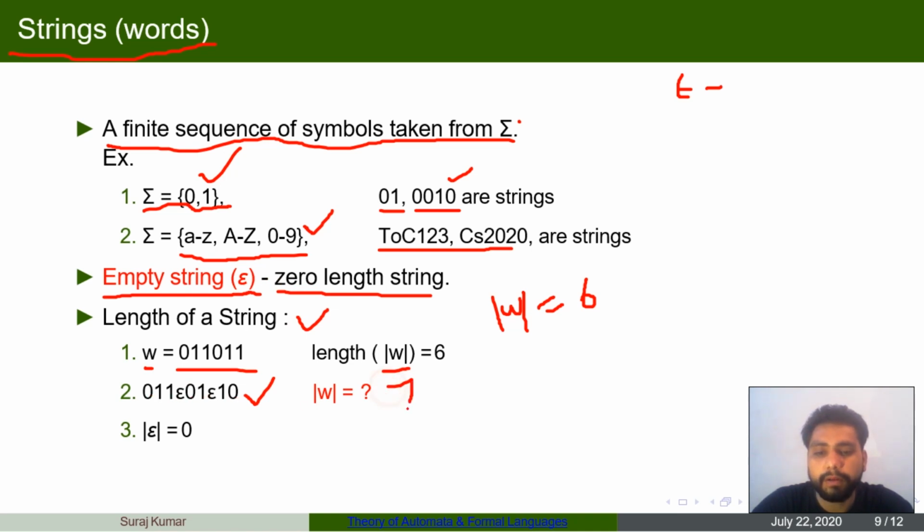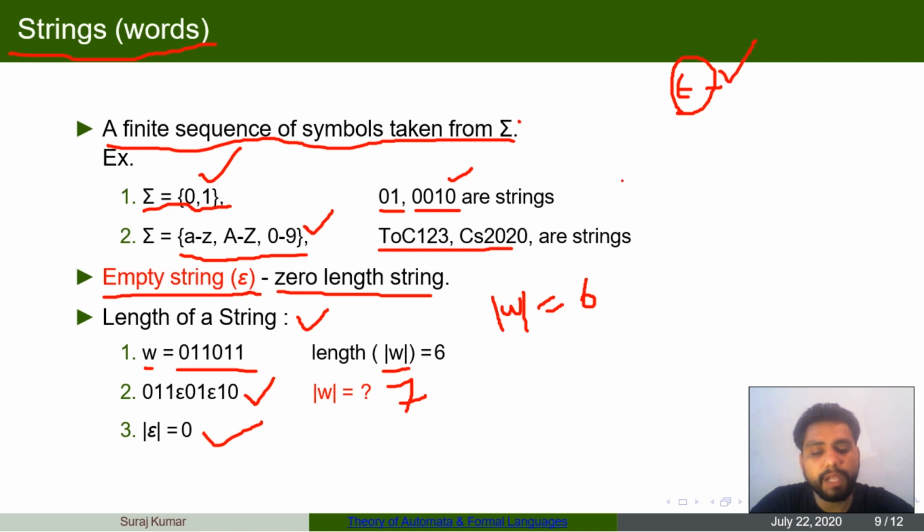So the length of W is 7, and the length of epsilon is 0. This is a special string also called the empty string epsilon, or the null string. The advantage of this string is that whenever you want to read nothing and stay in the same state, you can use it.